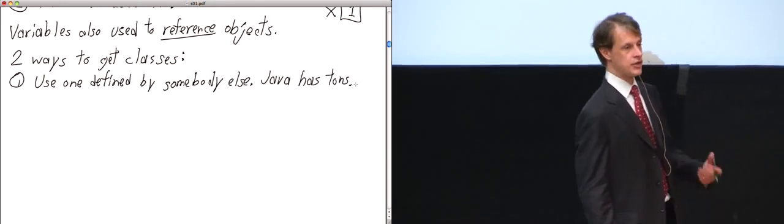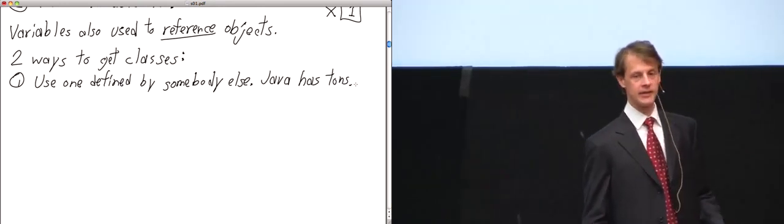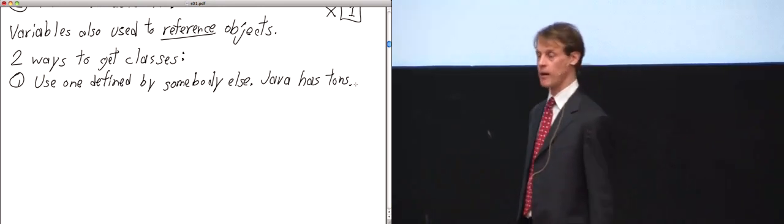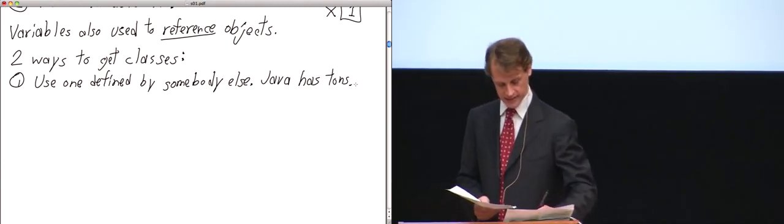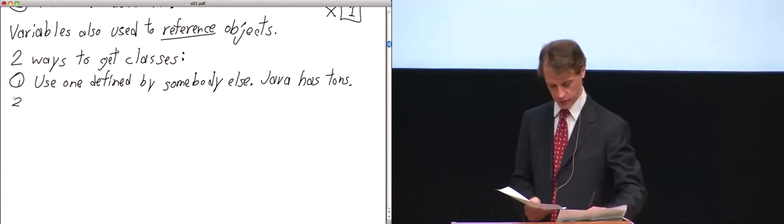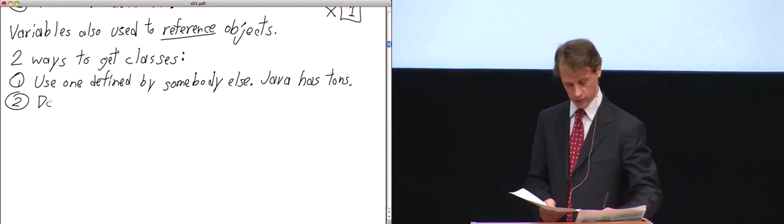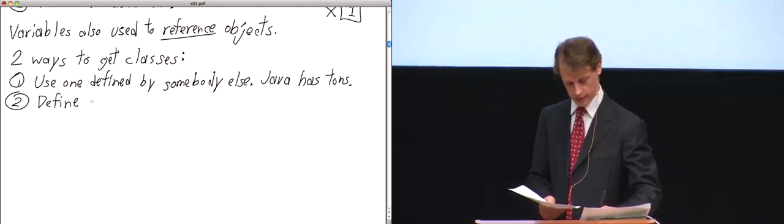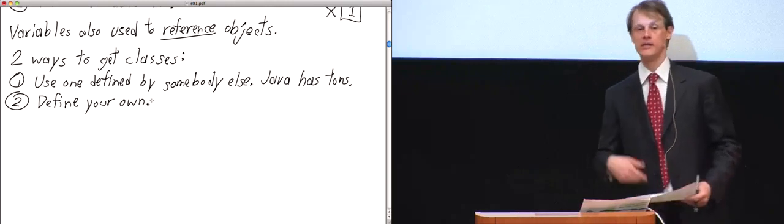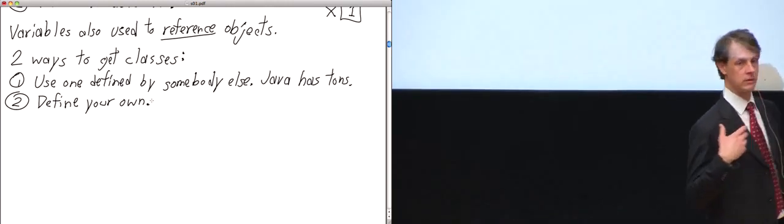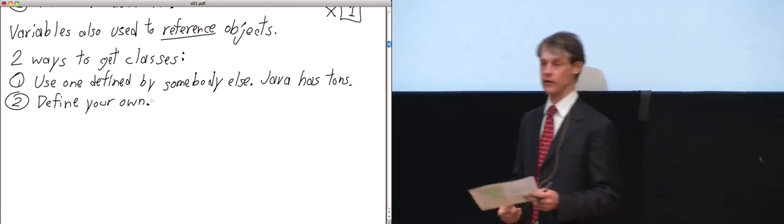Specifically, there's something called the Java Standard Library that comes with every Java compiler. It has all kinds of classes you can use to accomplish all sorts of things. But when Java's classes aren't enough to accomplish what you want, you can always define your own. Today we're going to stick with option 1. On Monday we'll learn how to define your own classes.